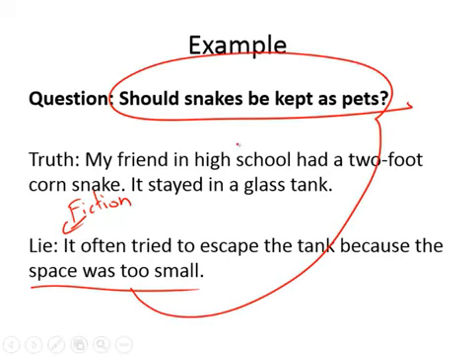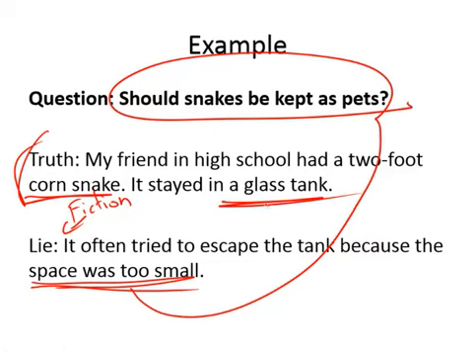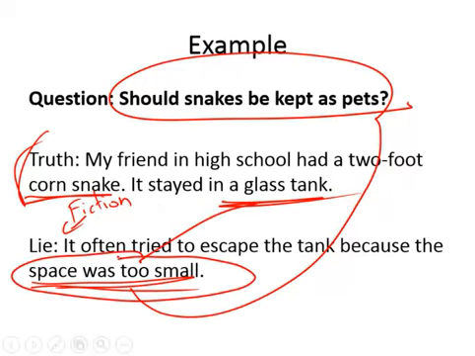This sounds like, no, they shouldn't. This was a bad experience. So I took some truth that had specific details about this specific snake in a glass tank, and then I made it relevant by inventing, by telling a little lie, by inventing a detail that is more relevant to the question.